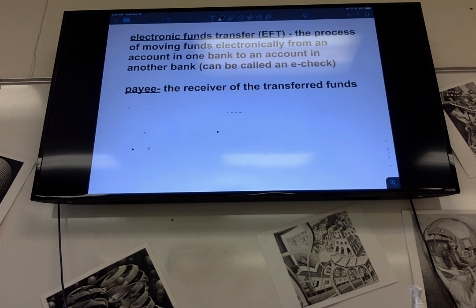Payee is the receiver of the transferred funds. That's the person you're paying. So, like if you have a bill to Craighead Electric, I usually do an e-check for them. The payee would be Craighead Electric. Name.